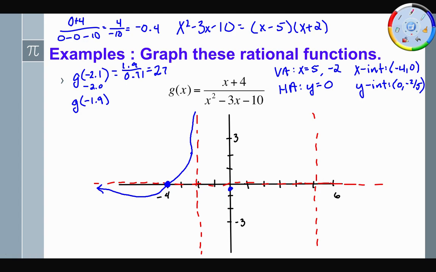If I plug in -1.9, I get -1.9 plus 4, which is 2.1, over, let's say, 1.9 squared plus 5.7 minus 10, and I get -0.69.